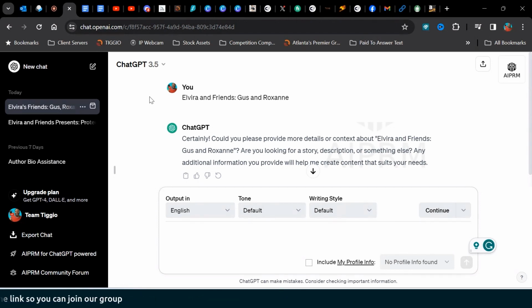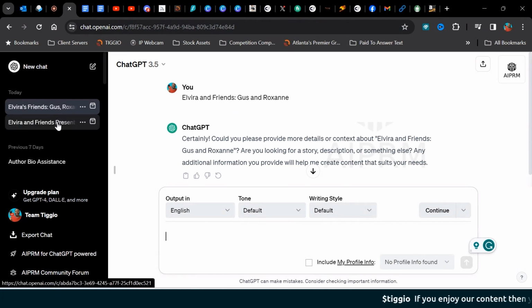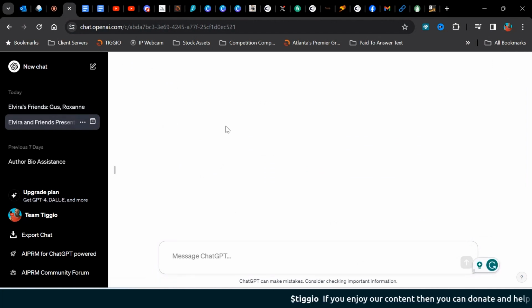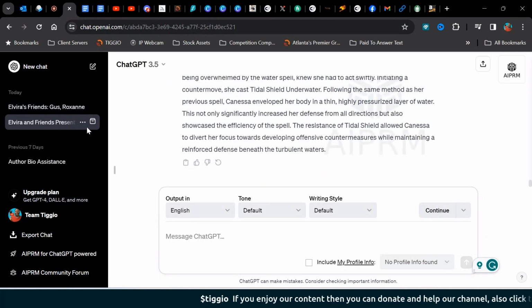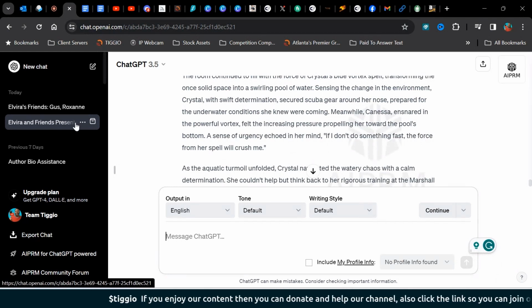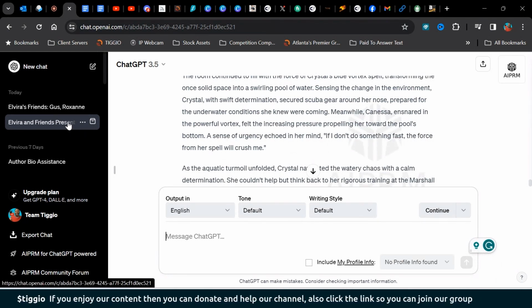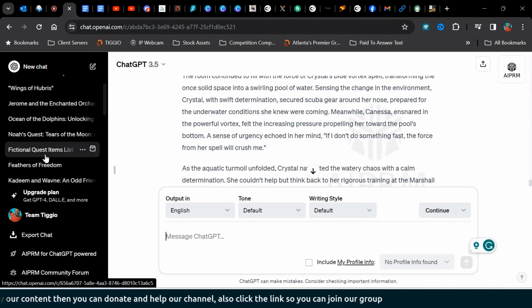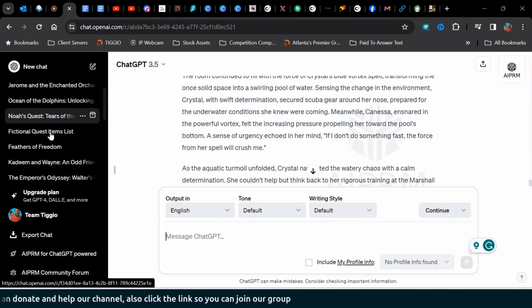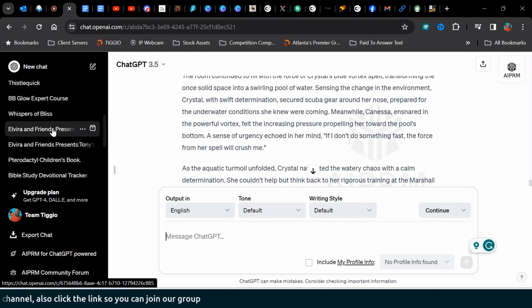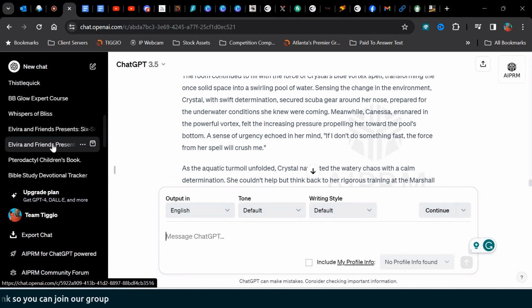So in the aspects of what we're going to do, the title of the book is going to be Elvira and Friends, Gus and Roxanne. But just to show you in hindsight, I have another book called Elvira and Friends Presents Proteas and P-Funk. So I have different books that fall under the Elvira and Friends genre or writing style.